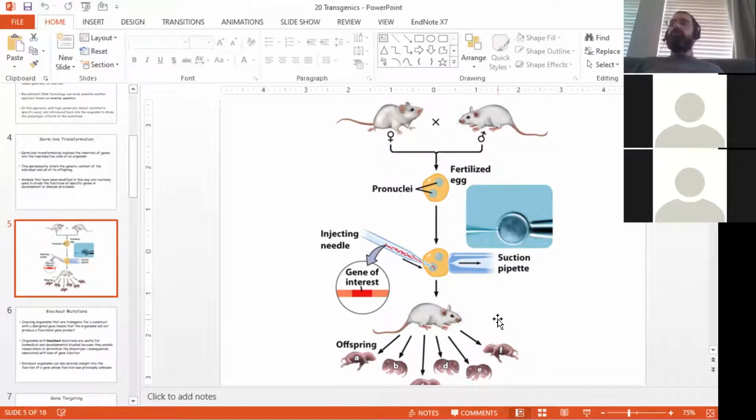But really what you want to be able to do, and this is where the real power of genetics comes in, is that you want to be able to make a targeted change to that organism. Say you suspect that gene X is really important in a particular process, right?